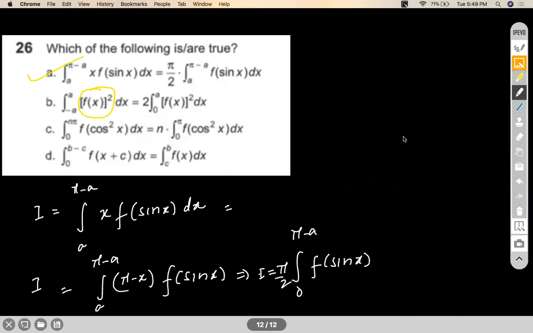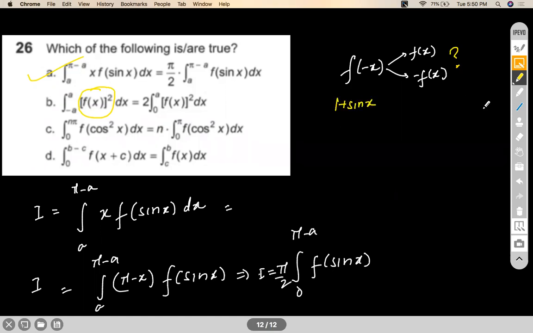See, you are trying to say that f of minus x either always gives you f of x or minus of f of x. Is this statement itself always true? For example, let us say I talk about 1 plus sine x function. If I change my x with minus x, I get neither of the two.